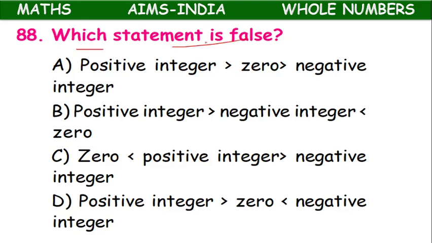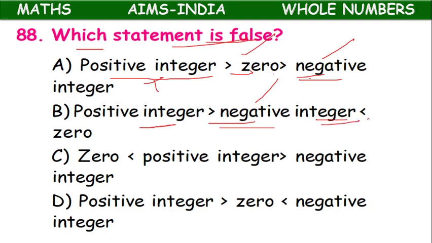Which statement is false? Positive integer greater than 0: correct. 0 greater than negative integer: correct. That option is true. Positive integer greater than negative integer: correct. Negative integer less than 0: correct.